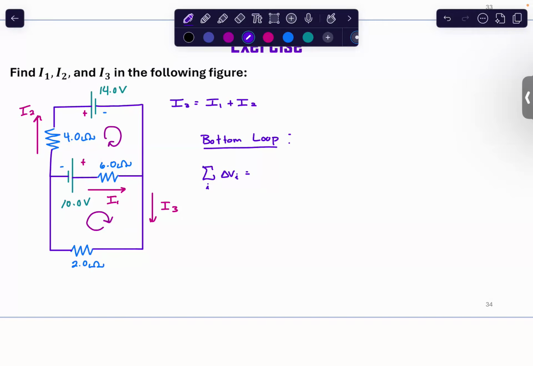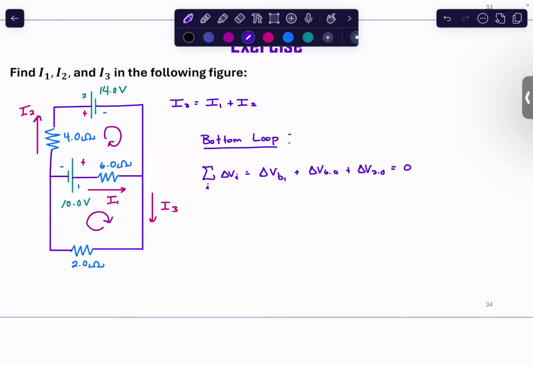So here, the bottom loop, and I just called these battery 1, battery 2. So we're going to have the delta V. So bottom loop, delta V of battery 1 plus the delta V of the 6 ohm resistor plus the delta V of the 2 ohm resistor equals 0.